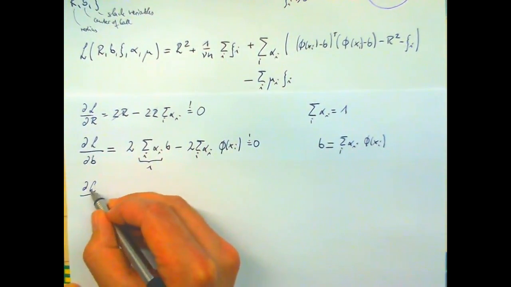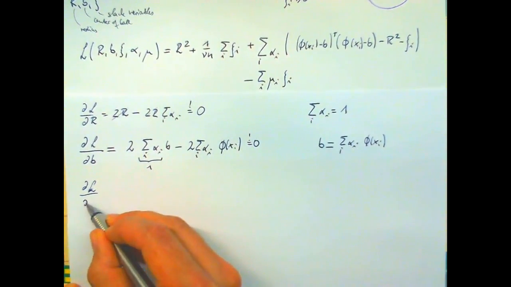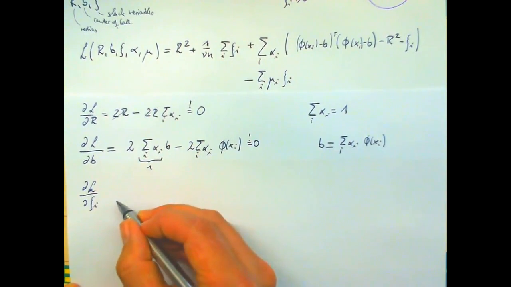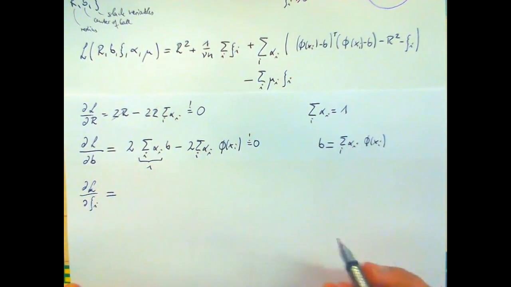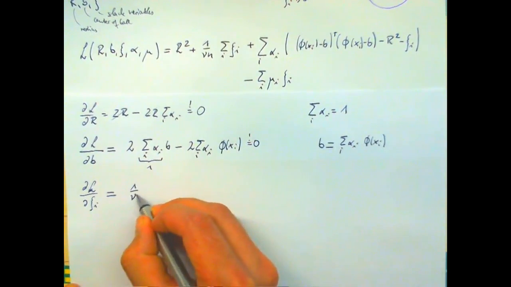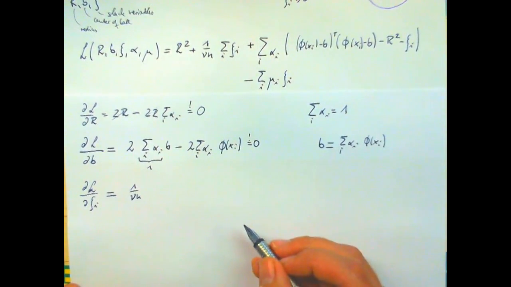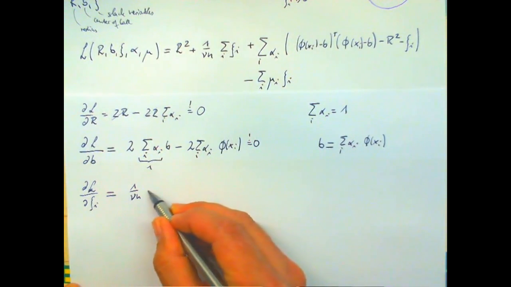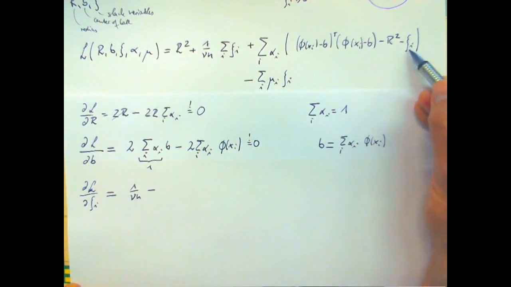Finally, I differentiate with respect to the slack variables. It also appears here.